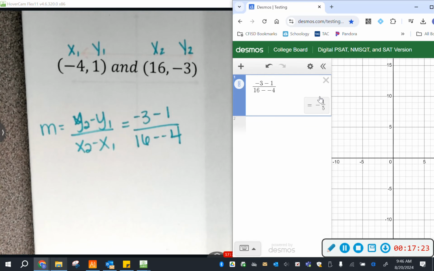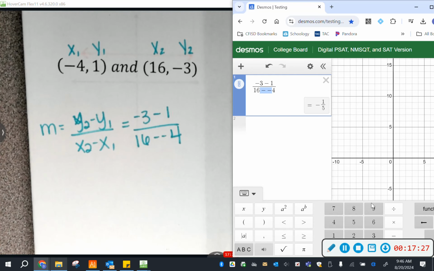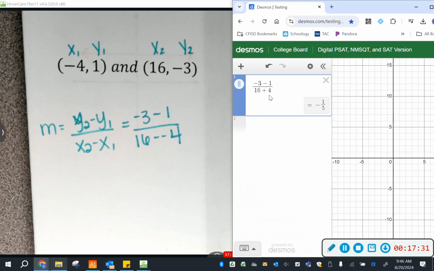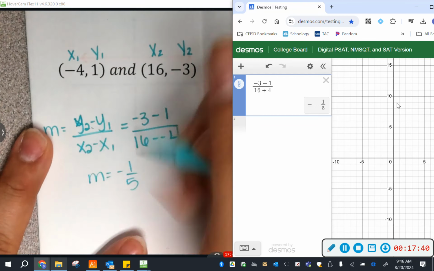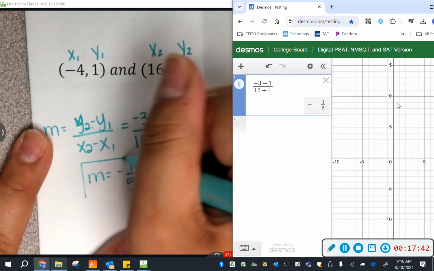All right, but what do we know about two negatives? Two negatives make a positive, so you can actually change this to a positive. Either way, you can type in the two negatives or you can make it a positive. It'll give you the same answer. So what is my slope here? Negative 1/5. Is that what y'all got?